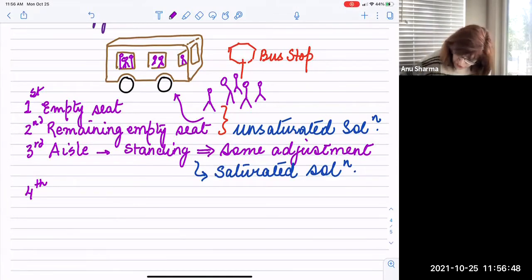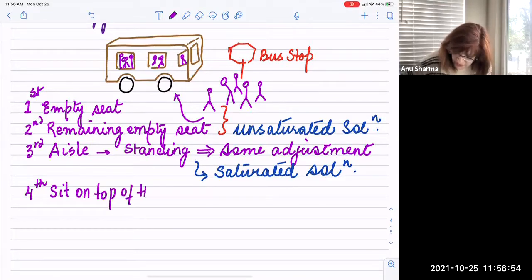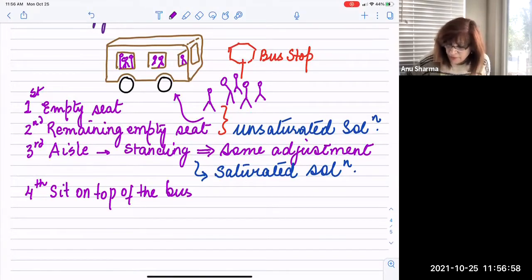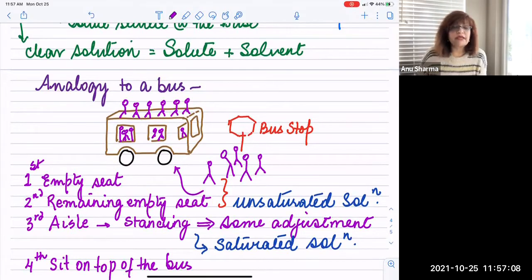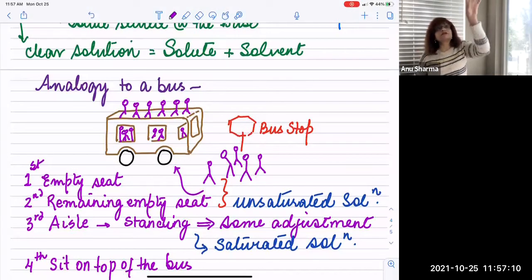They are going to sit on top of the bus. This happens in those countries where there are limited resources. So the people sitting on top of the bus.